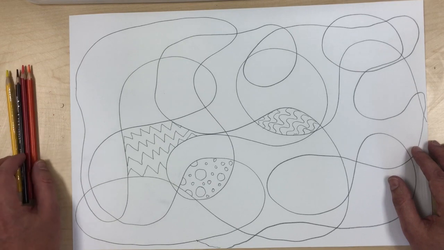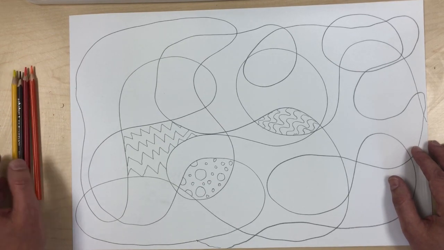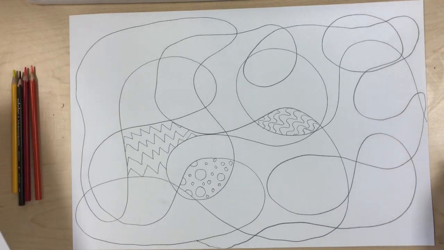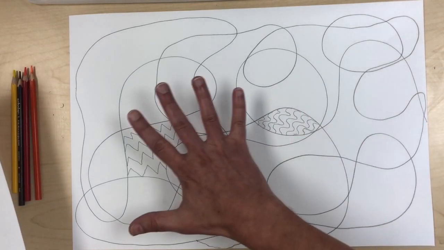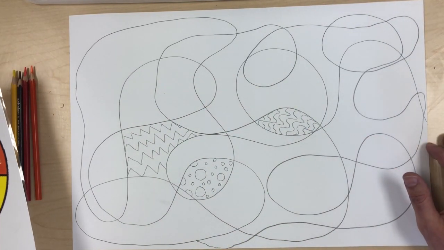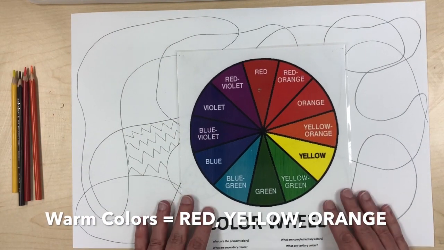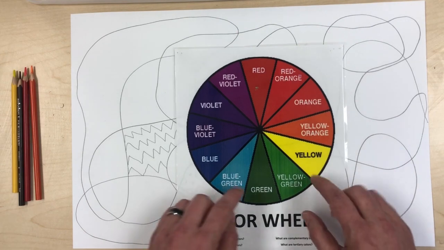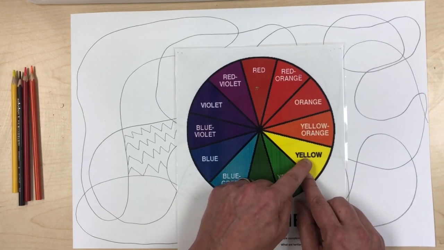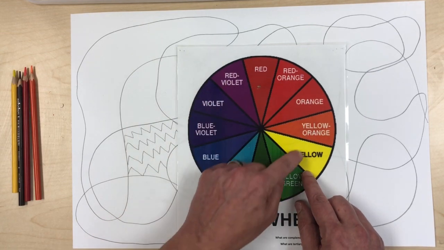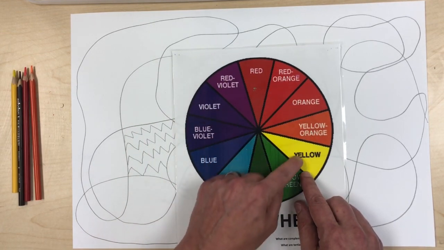Step number three is that you're going to choose between either warm colors or cool colors. Your entire drawing has to be all warm colors or cool colors. If we look at the color wheel, all your warm colors are yellow, yellow-orange, orange, red-orange, red. Any of these are warm colors.